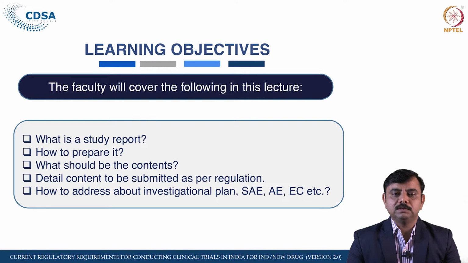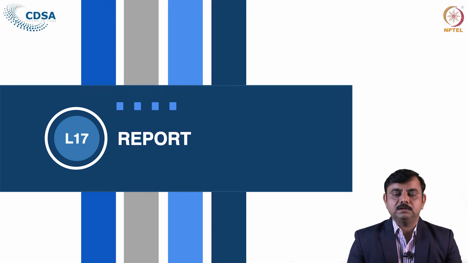They will also learn how to address the investigational product and investigational plan, how to report SAEs and adverse events, and how to write about the ethics committee and other things. So let us move toward our report.